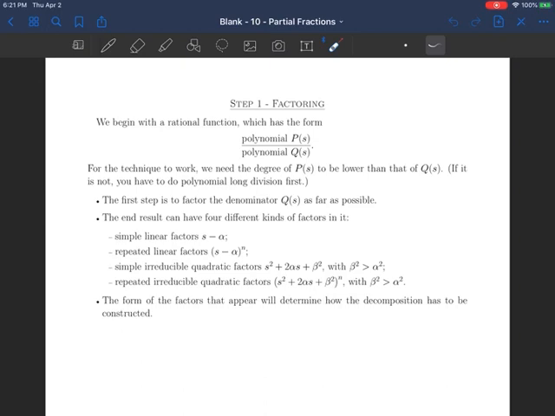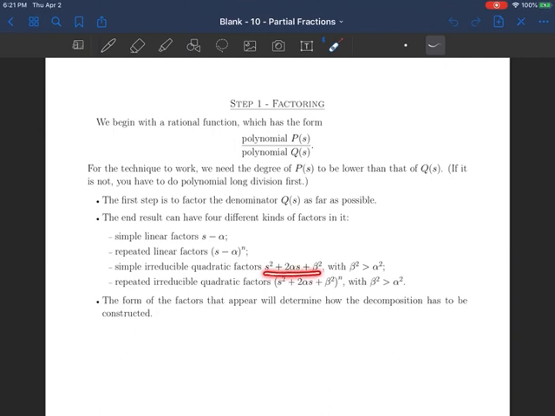The other thing that can happen is that sometimes you can get what's called an irreducible quadratic. An irreducible quadratic is a polynomial with a square term, but that can't be factored further. How would you know that it can't be factored further? Well, the easiest way to tell is using the quadratic formula. The quadratic formula will tell you your roots, and if you have an irreducible quadratic, what you'll find is that the roots are imaginary or complex, right?